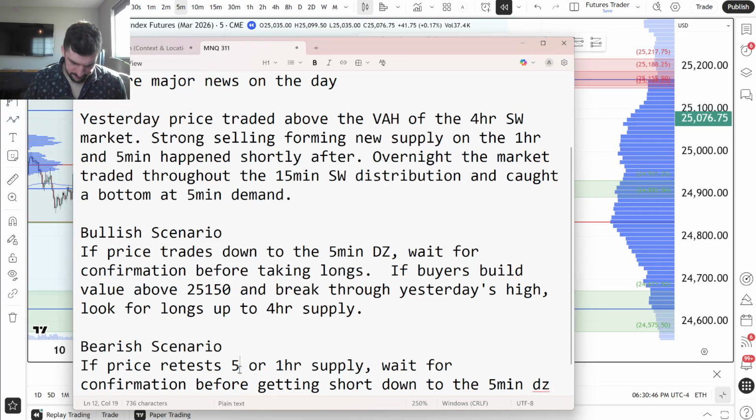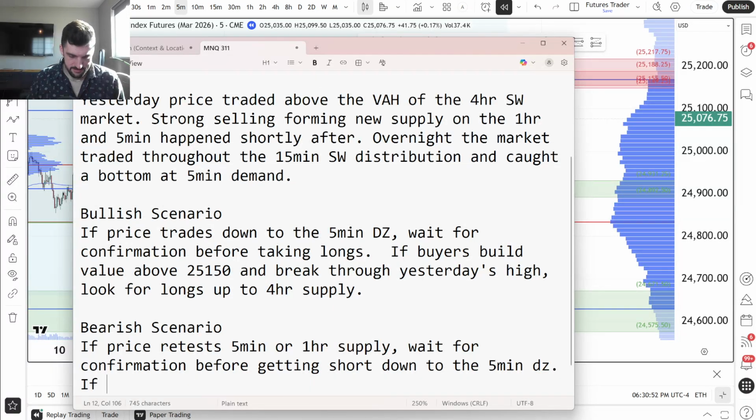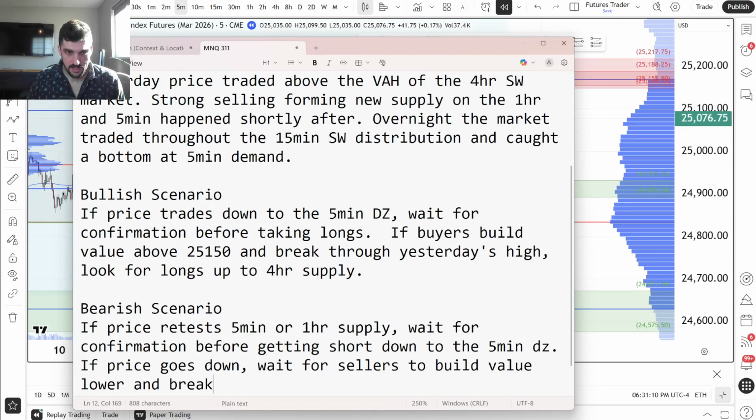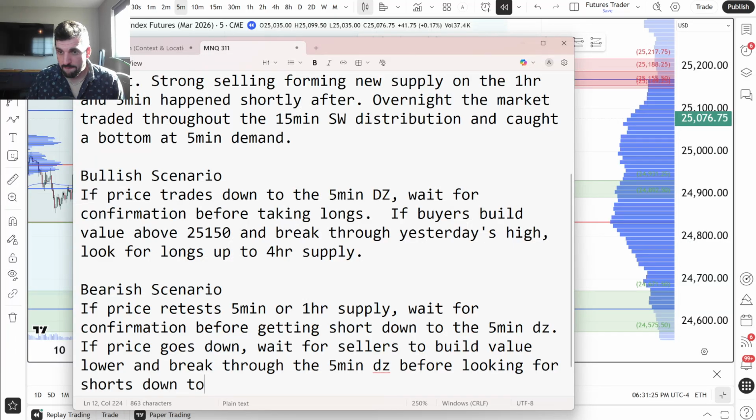The 5-minute, and then if price comes down, one-hour demand.